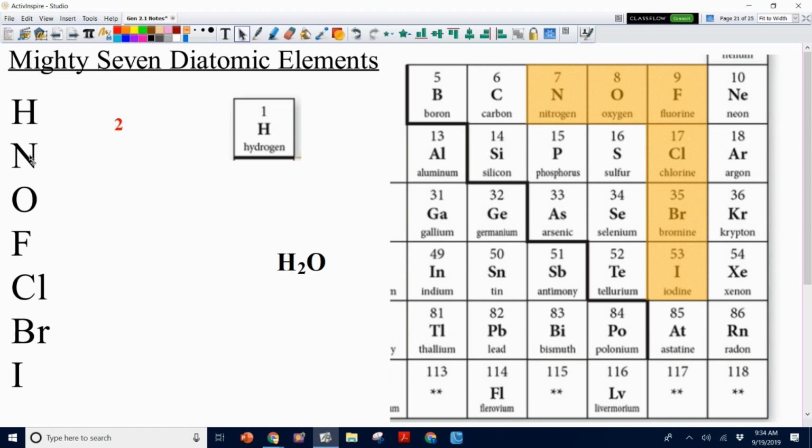So again, that's horses need oats for clear brown eyes. If you remember that little saying, that'll help you remember H, N, O, F, Cl, Br, I: hydrogen, nitrogen, oxygen, fluorine, chlorine, bromine, and iodine.